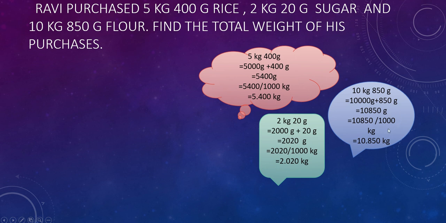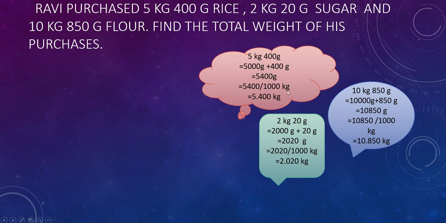Now come to the bigger unit, kilogram. From gram to kilogram, again I am converting it into the bigger unit by dividing it by 1000. So I will get 3 decimal places here. The answer would be 10.850 kilogram.